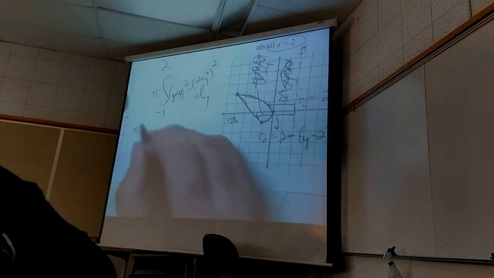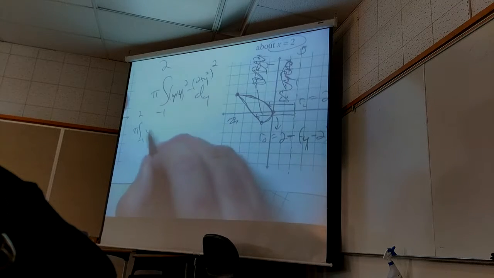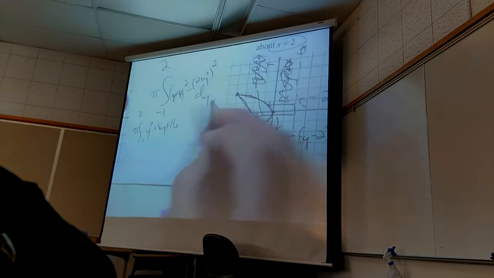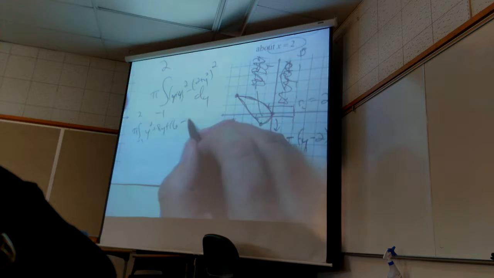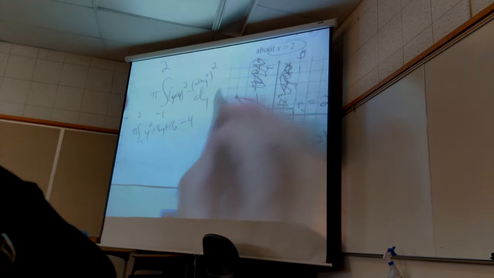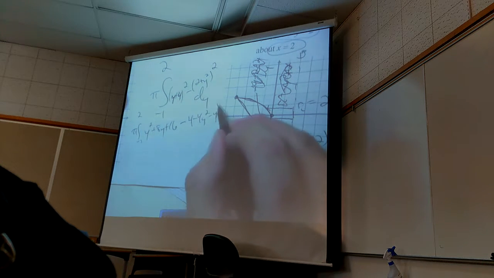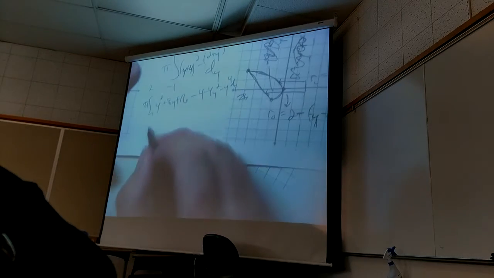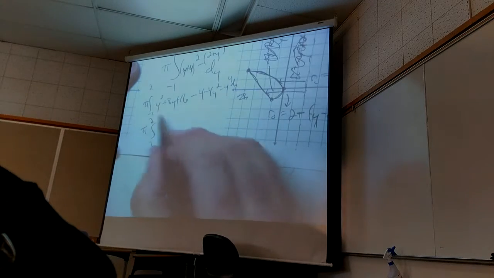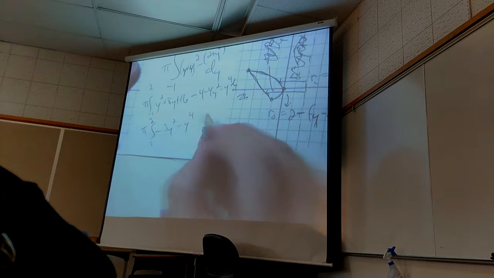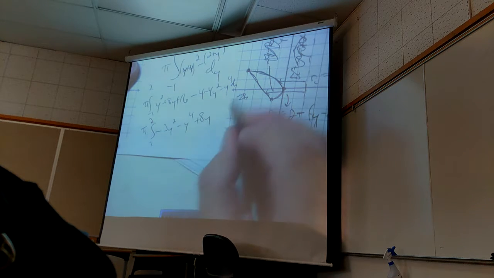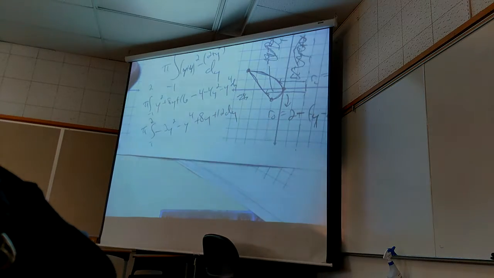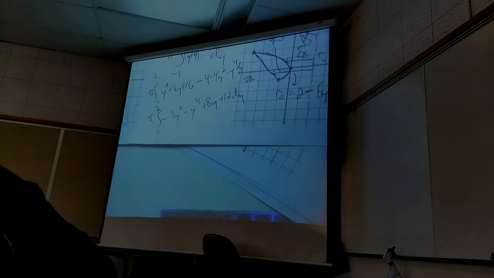So there I get pi times y squared plus 8y plus 16 minus 4 minus 4y squared minus y to the 4th. Is that cool? Just foiling that out. So you're going to get negative 3y squared minus y to the 4th plus 8y plus 12. Just get all my terms together.